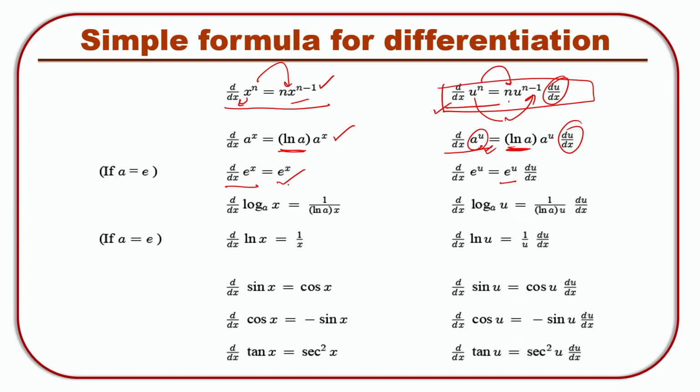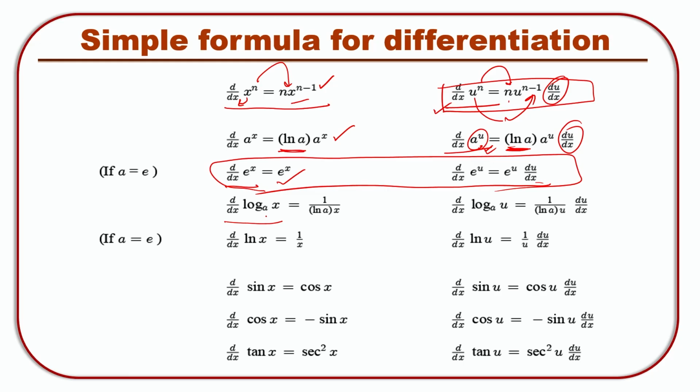On one side I am giving you the directly explicit function, and on the next side we are giving you the implicit functions. So, what will be the derivative of log base a of x? Here the base is a and the argument is x. So, this will give you 1 divided by (ln a into x), right.